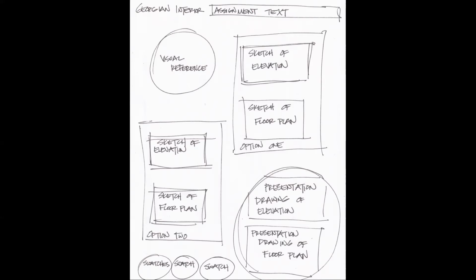And then, of course, I've got some swatches that I'm going to have to incorporate as well. So this is a very preliminary storyboard that gets me thinking about how this is going to feel and gets me thinking about the organization of the drawings and related information to this portfolio.